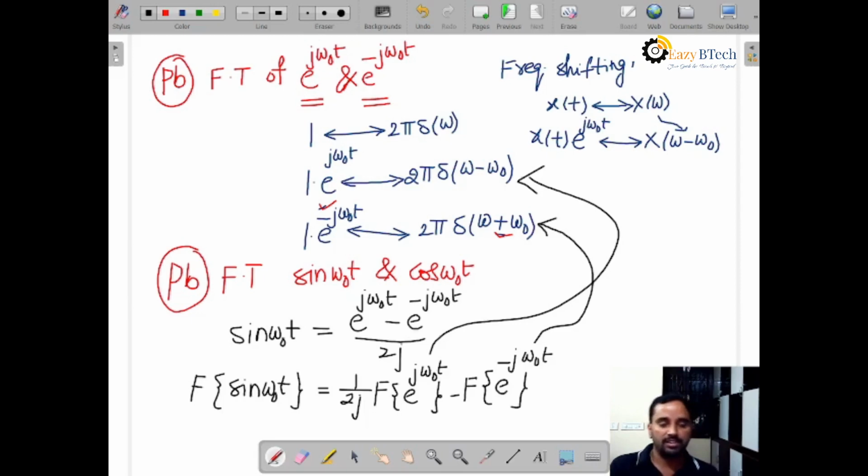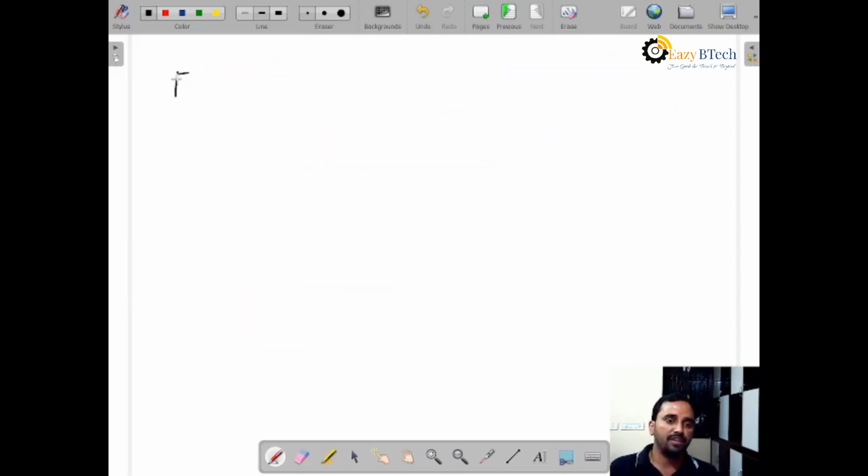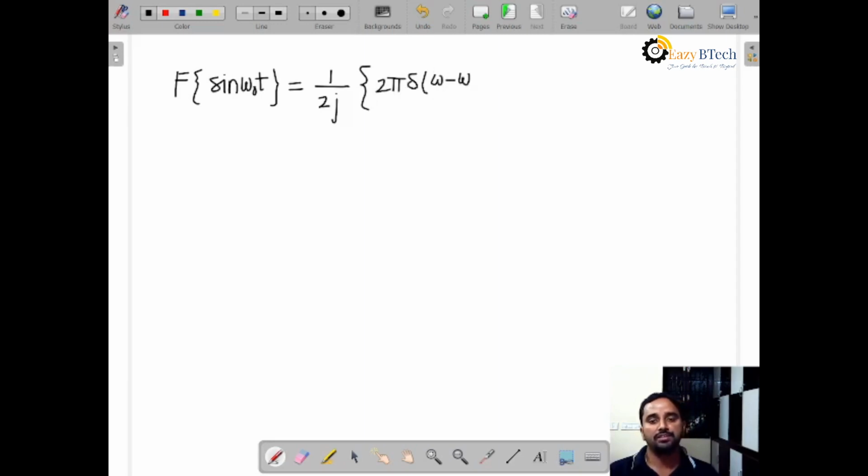So let's take that. The Fourier transform of sine omega naught t is 1 by 2j times 2 pi del of omega minus omega naught minus 2 pi del of omega plus omega naught.